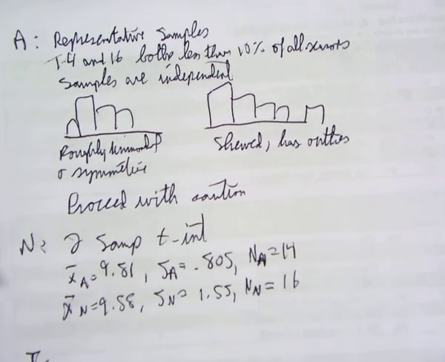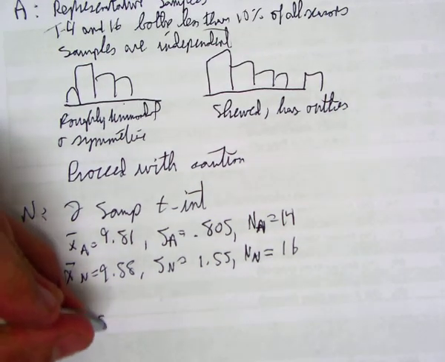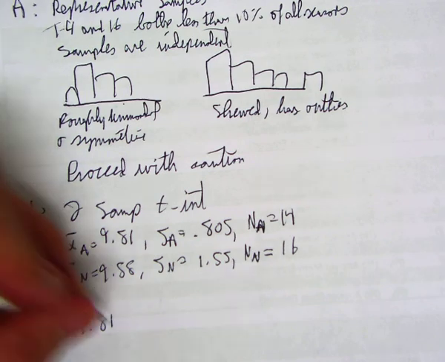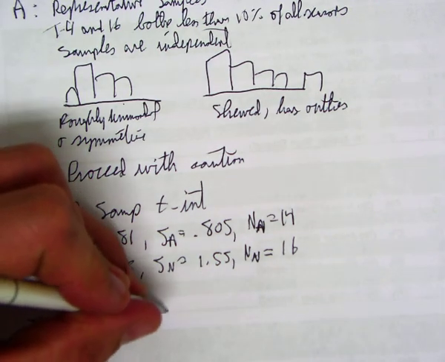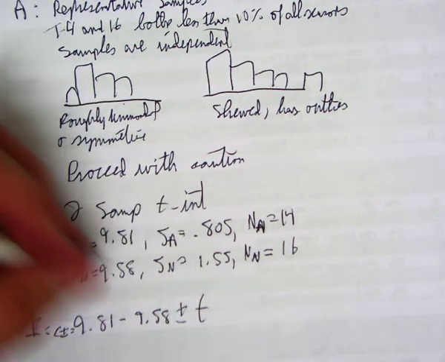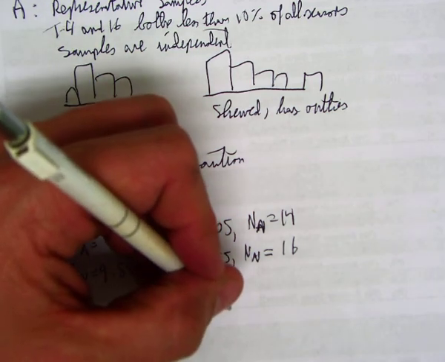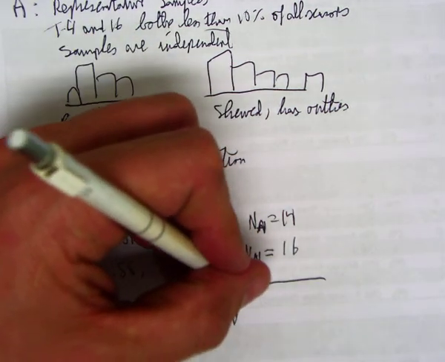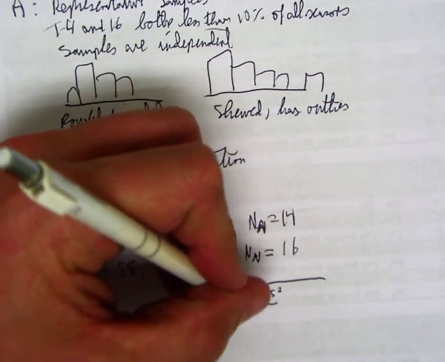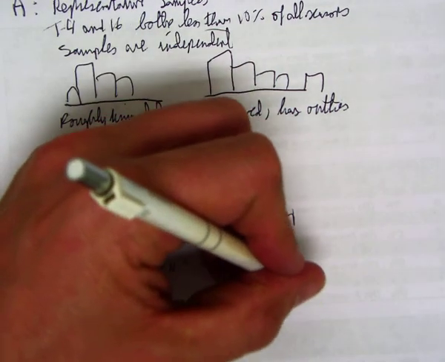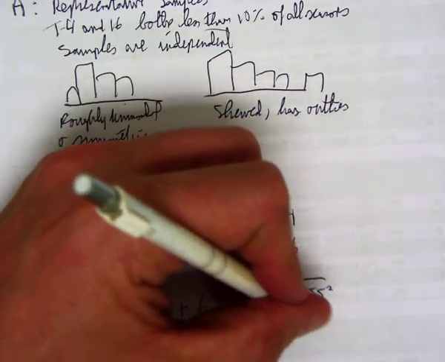So our interval, we're going to do x bar sub 1 minus x bar sub 2 plus or minus t. We got to figure out what that degree of freedom is, times the square root of 0.805 squared over 14 plus 1.55 squared over 16.